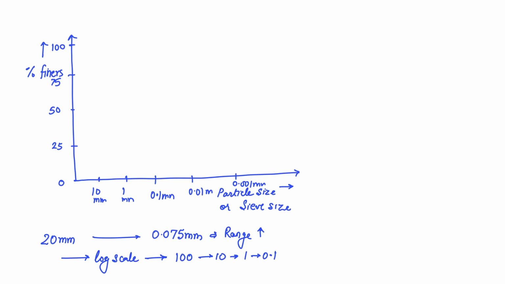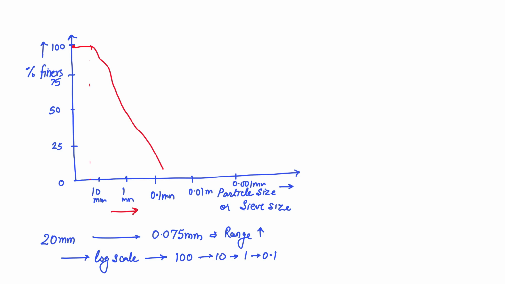And as I said, the higher the sieve size, the higher the percentage finer. So the graph will be something like this. For a larger particle size the percentage finer will be more, and as the particle size or sieve size decreases, the percentage finer will also decrease. That is how we plot the particle size distribution curve for a particular soil.